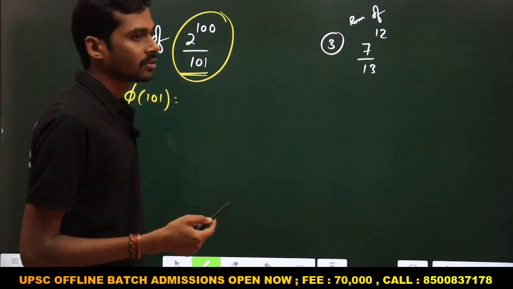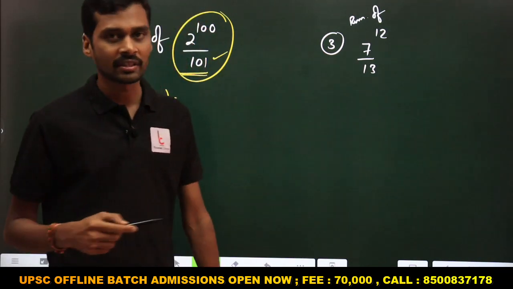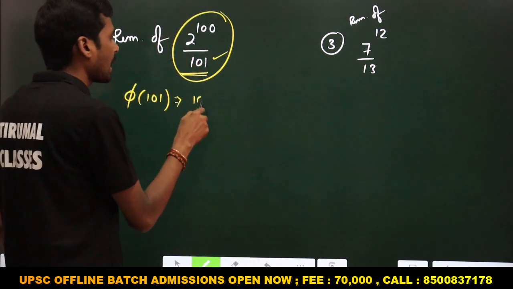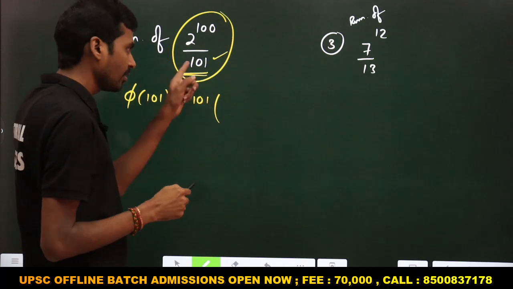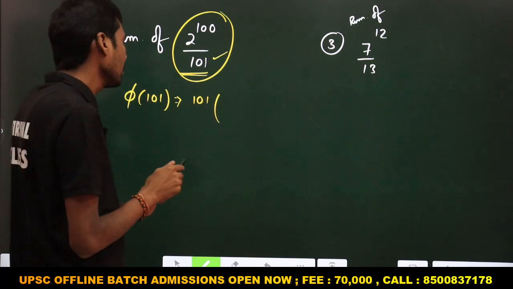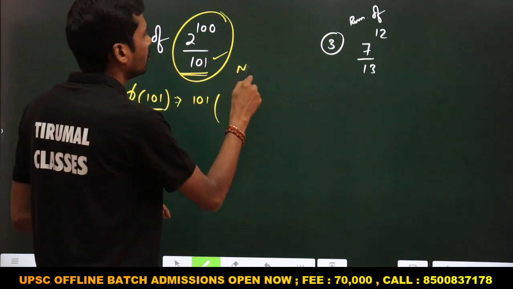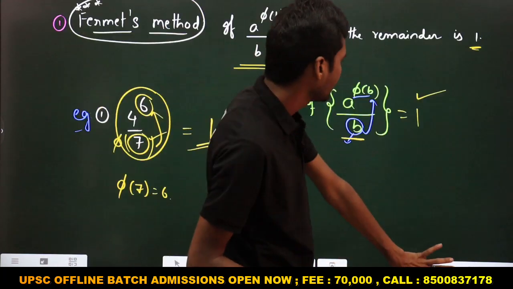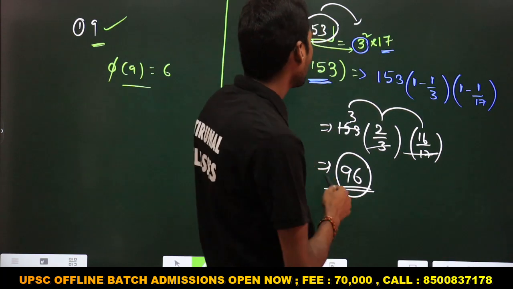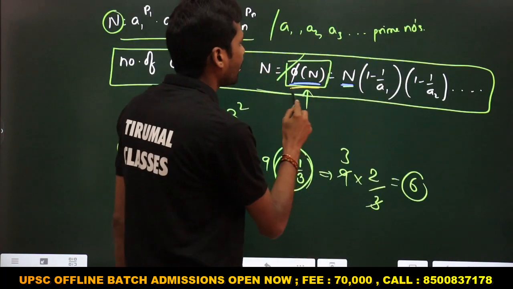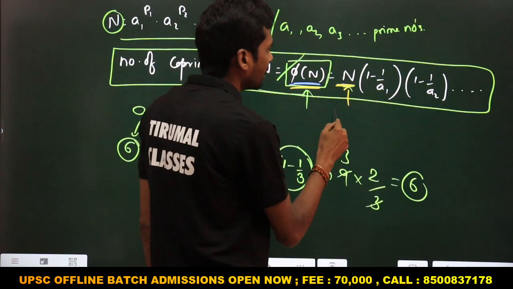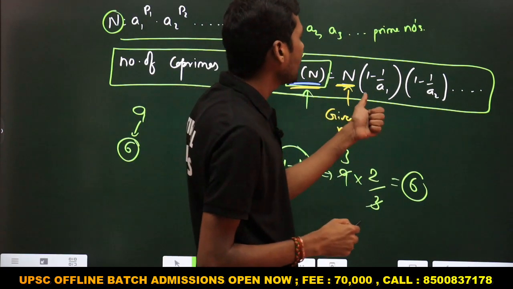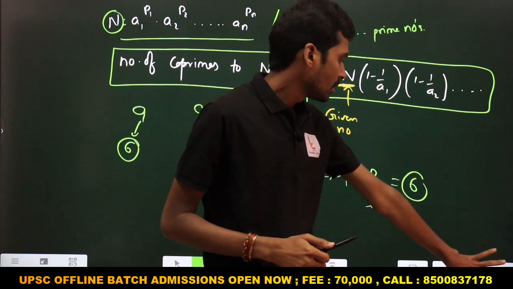So 101 means, this number itself is a prime number, so I don't need to separately write it. So phi of n is equal to, what is the formula? Phi of n is equal to the given number n into 1 minus 1 by the prime numbers, right?